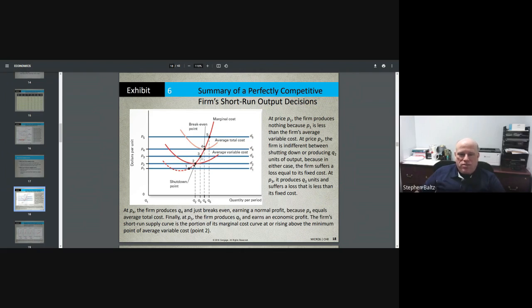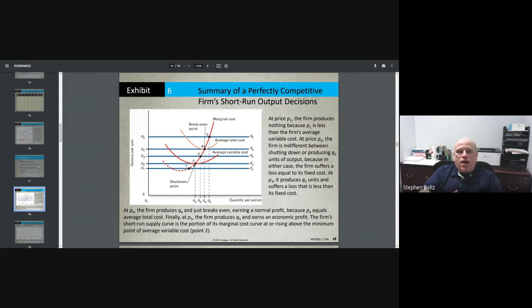So at this price of P3, you're basically making back all of your variable cost and a portion of your fixed cost. So your loss is going to be less than what it would be if you completely shut down and produced nothing, because you're still going to pay your fixed cost.